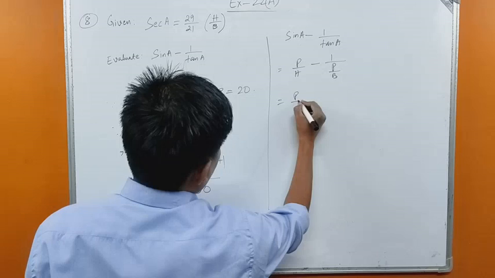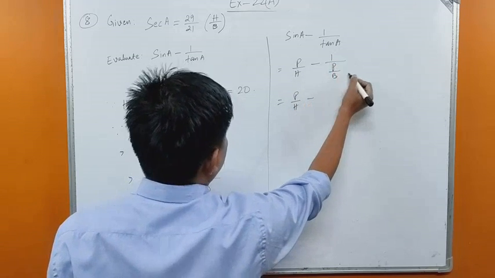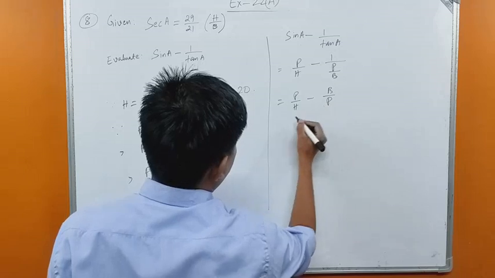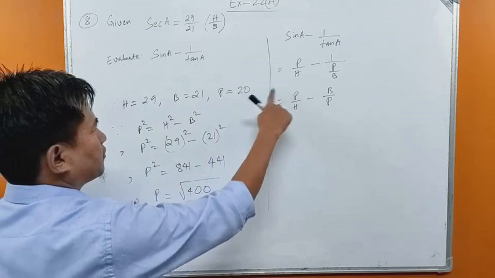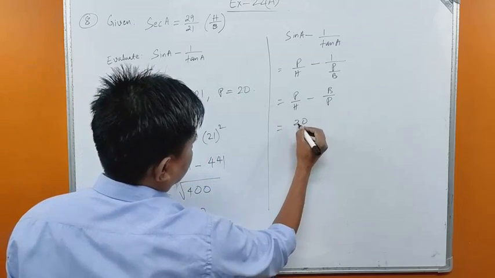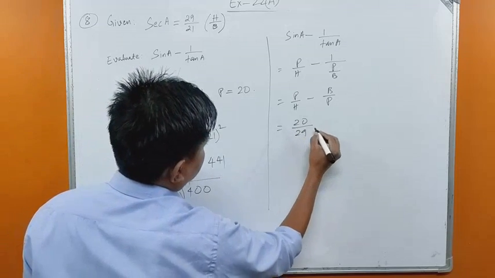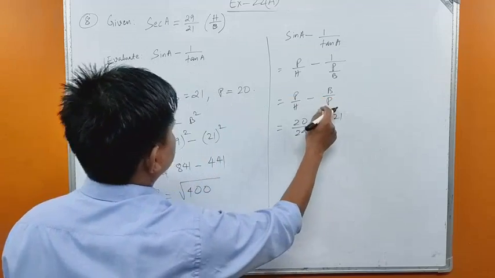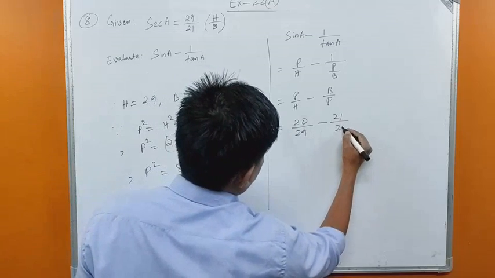This gives us p by h minus b by p. Now let us put the values of p, b and h. P is 20, h is 29, b is 21, and p is 20.